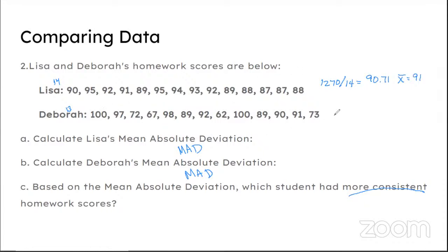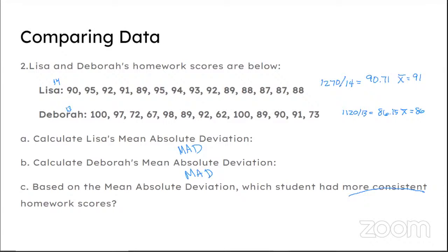All right, and Deborah's added to 1120. Divided by 13 is going to give us 86.15. Ooh, that's much different. So let's call it 86.